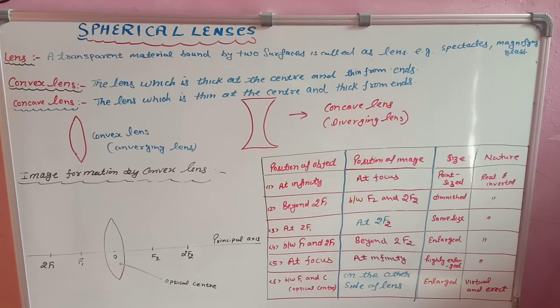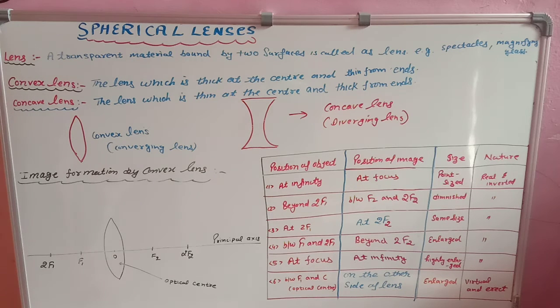From the day you purchase the geometry box, you have seen that one mirror is there and one lens is there. We call that a magnifying glass. With the help of that you can see objects in a magnified way, that means big images of small objects. That is also one type of lens.